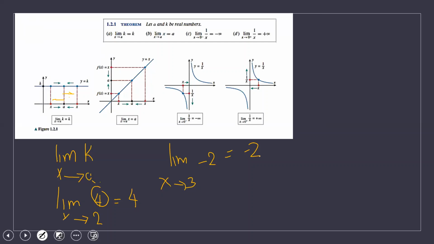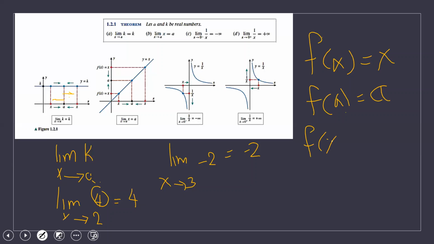Now, the limit of x when x approaches a is equal to a, like f of x equals x. So f of a, you substitute a instead of x, and it will be a. If f of x is x plus 1, it will be a plus 1.